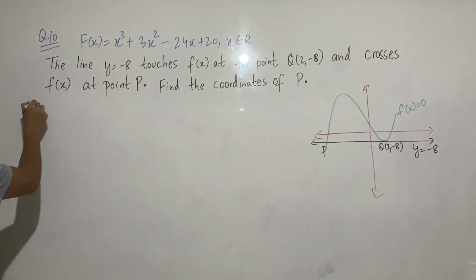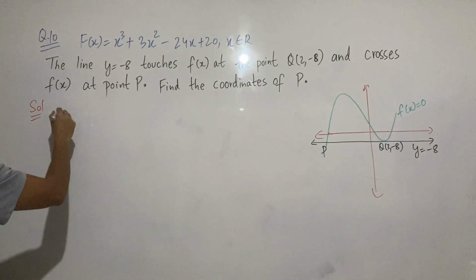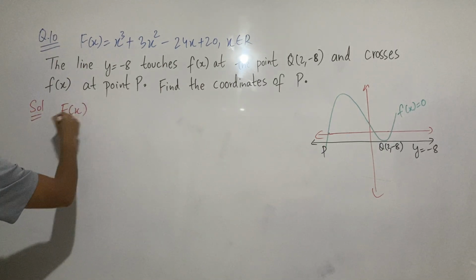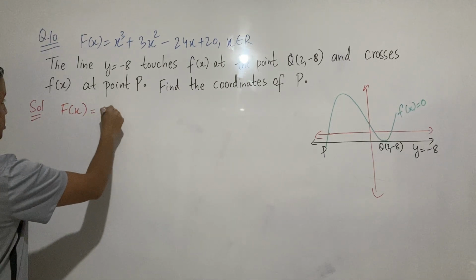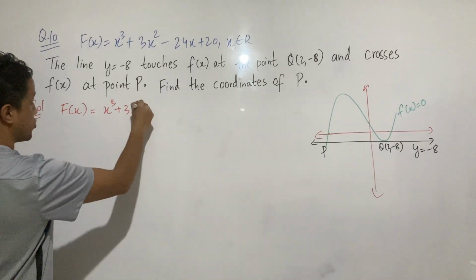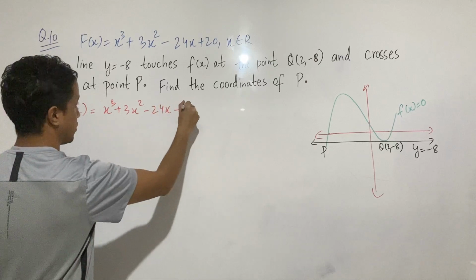The first thing that is given to us is a polynomial function, which is x cubed plus 3x squared minus 24x plus 20.